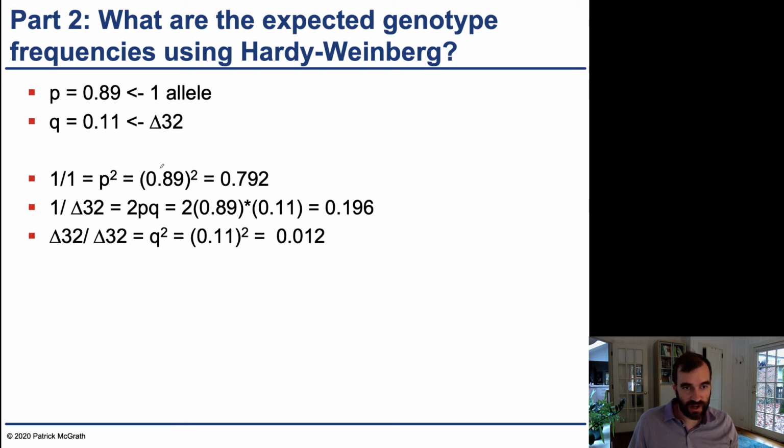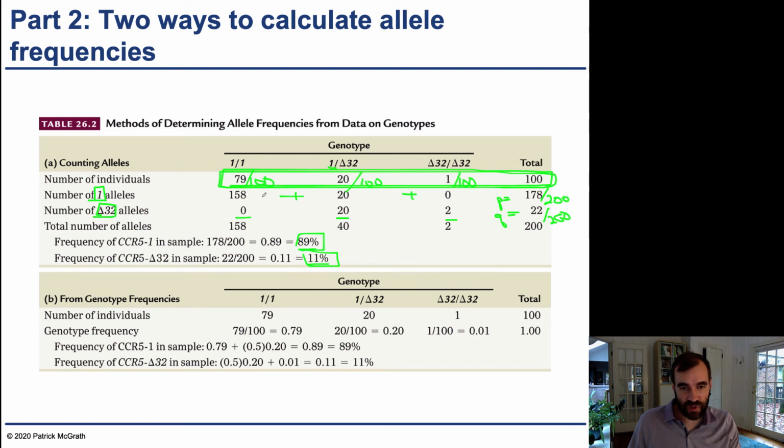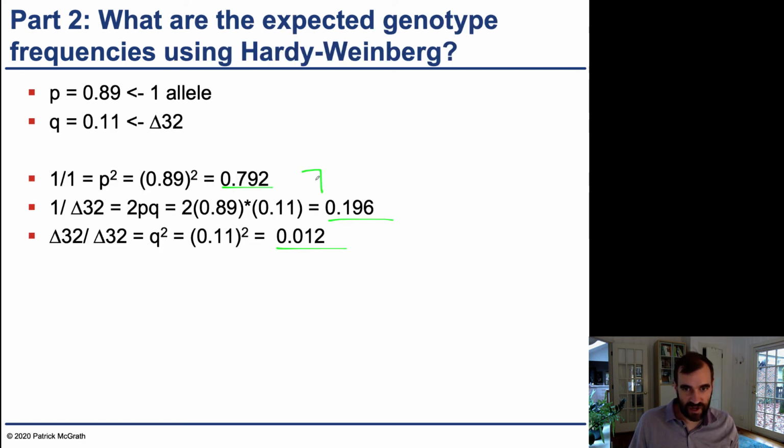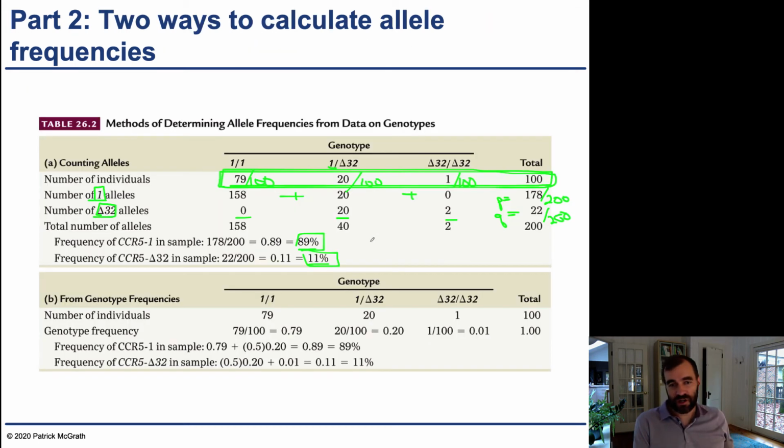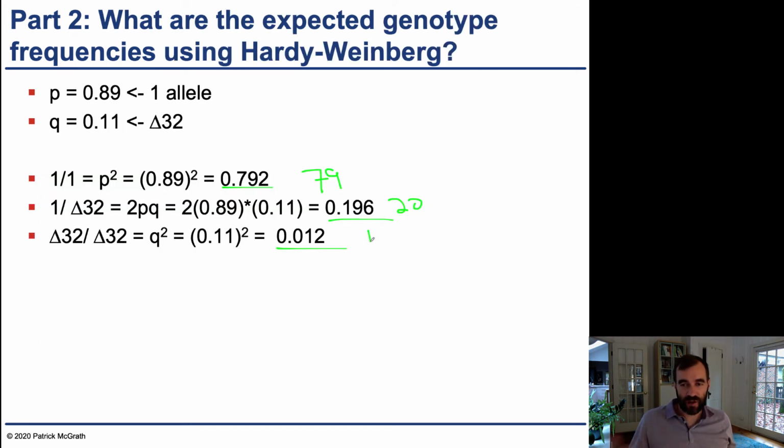And so we can calculate this. So 0.89 times 0.89 is equal to this. The expected genotype frequency for the heterozygote is this, and the expected homozygote recessive, so the homozygote delta allele, is this. And so we can compare these to the actual values. So this was 79%, 20%, and 1%. So you can see for this population, they actually fit very close to the expectations from Hardy-Weinberg.